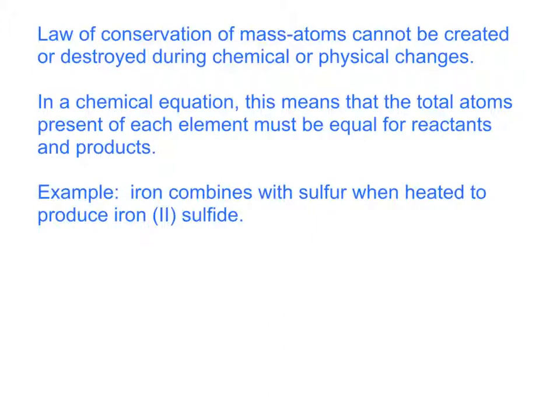So let's look at a chemical reaction here. For this first example, it's saying iron combines with sulfur when heated to produce iron(II) sulfide. So iron is Fe, and I'm going to assume that that's a solid metal, plus sulfur, also a solid.